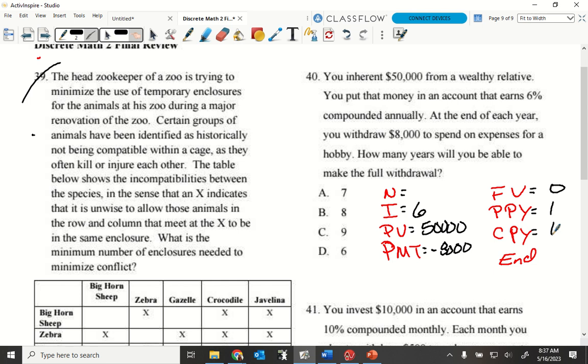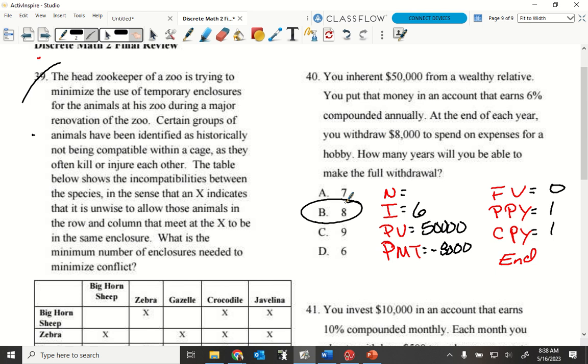As we plug it in, what do we get? 8.0 something, right? So I could keep doing this for 8 years. But if I do the math, 8 times 8 is 64,000, right?